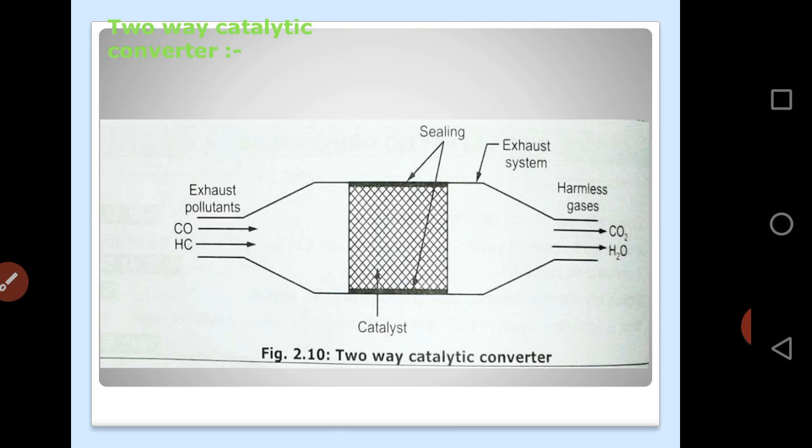Now today we'll discuss the catalytic converter.